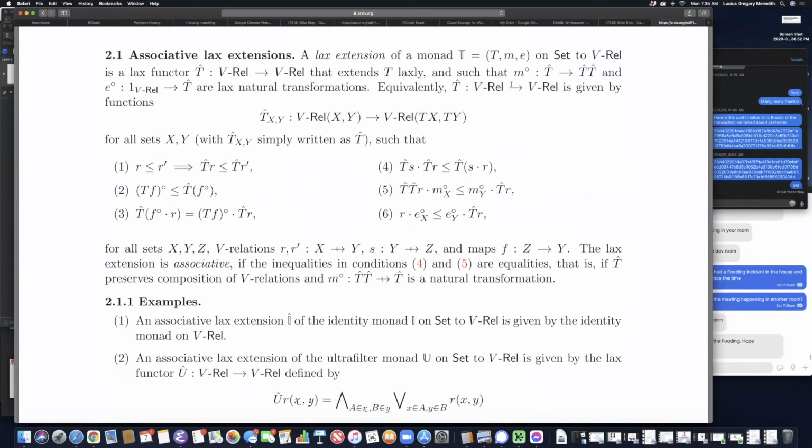Okay, so notice that something interesting is happening here. If you look at the opposite of mult, it flips it around. Instead of going from t squared to t, it goes from t to t squared. And we have the opposite of the evaluation function, right? Is this the same as comonad?